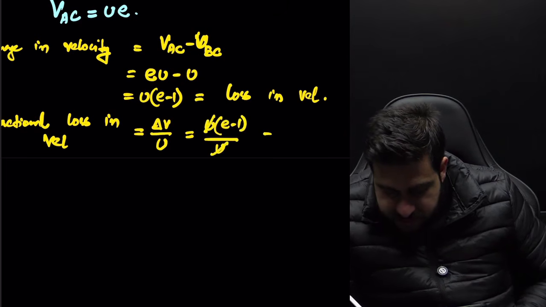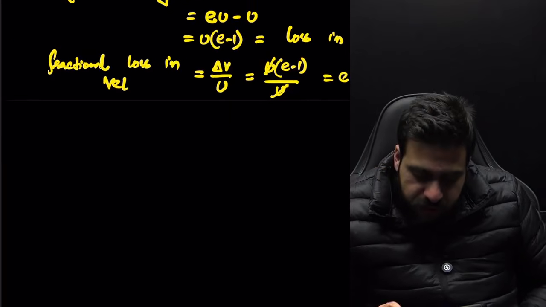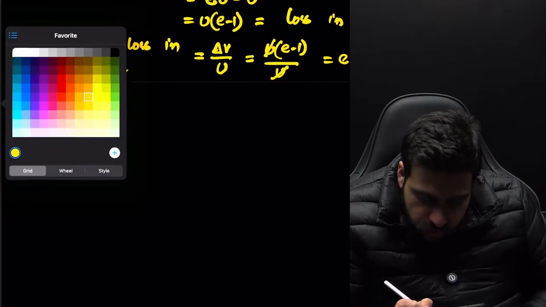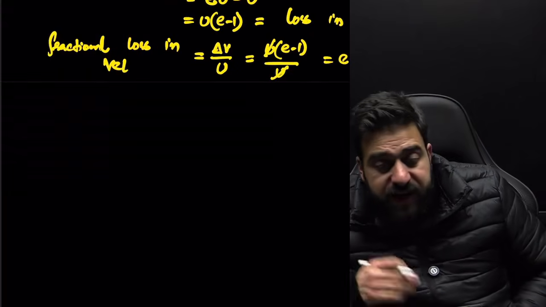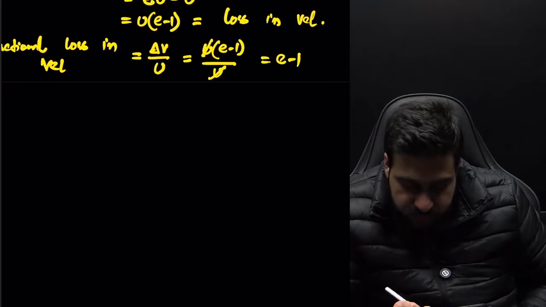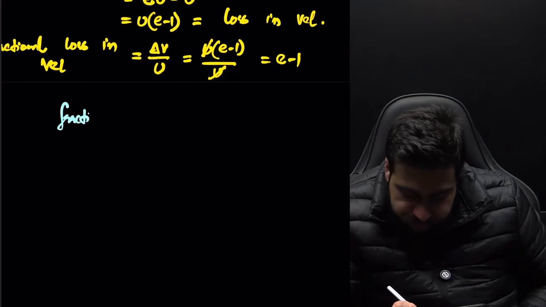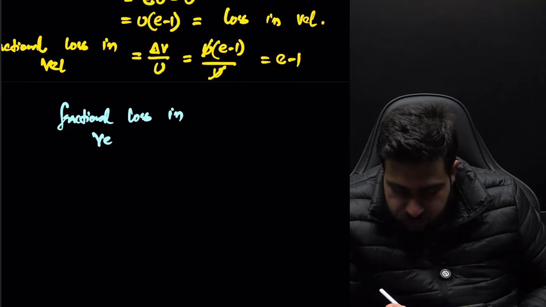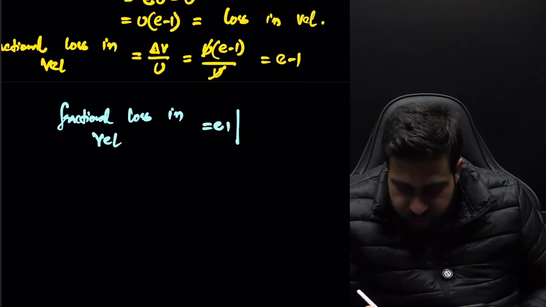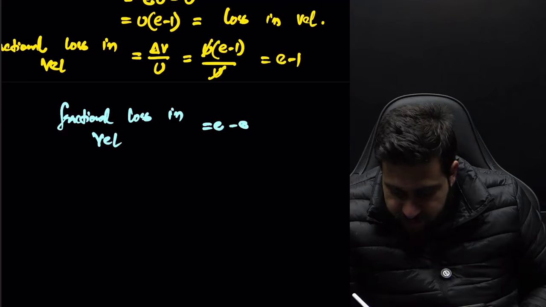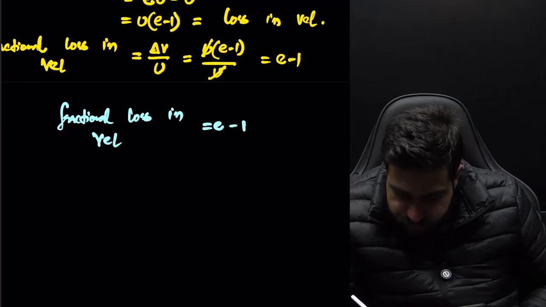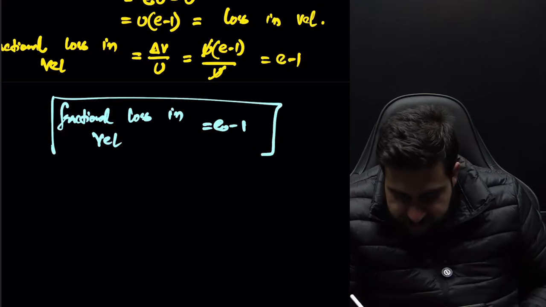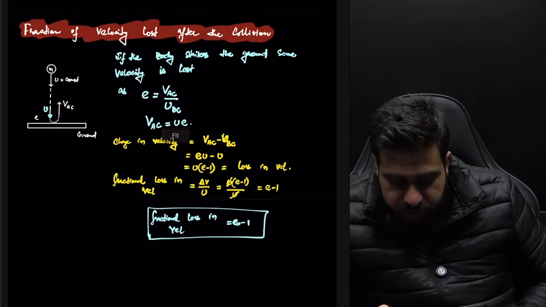U and u will be cancelled, so it is e minus 1. So if somebody asks what fraction of velocity is lost when it strikes the ground, that is e minus 1. No need to derive this, my dear NEET aspirants. You can directly remember it.